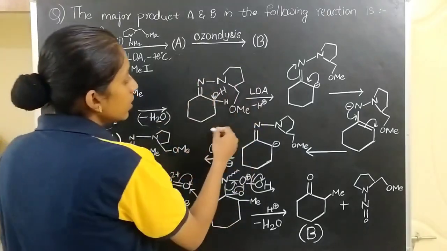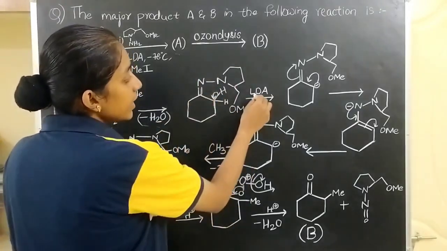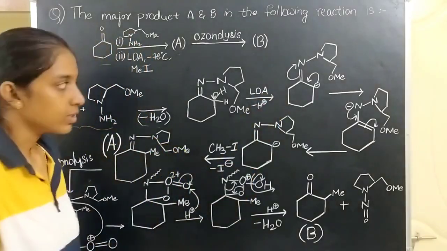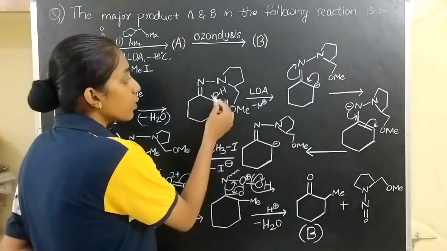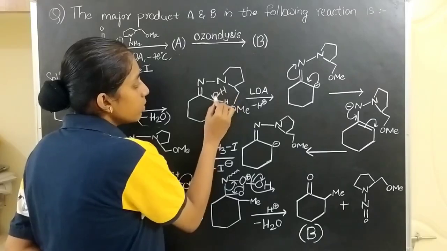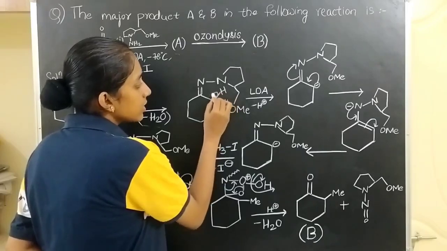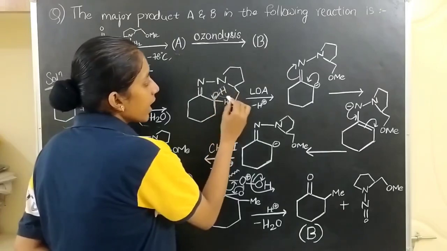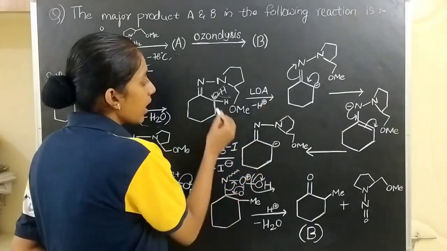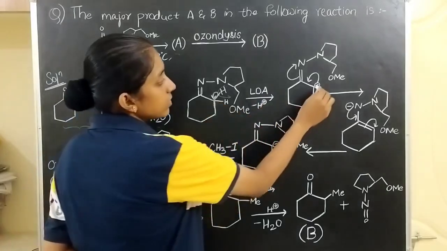Now this compound will react with lithium diisopropylamide, which is a very strong base. So it will remove protons from this compound. So here the bond between this carbon and hydrogen is taken by this carbon, leaving hydrogen as H+. So we have removed one proton and this carbon will be getting a negative charge.